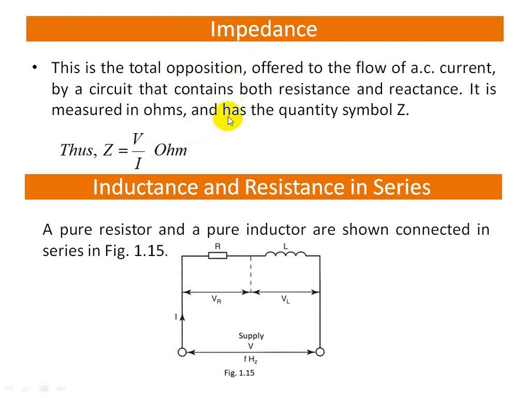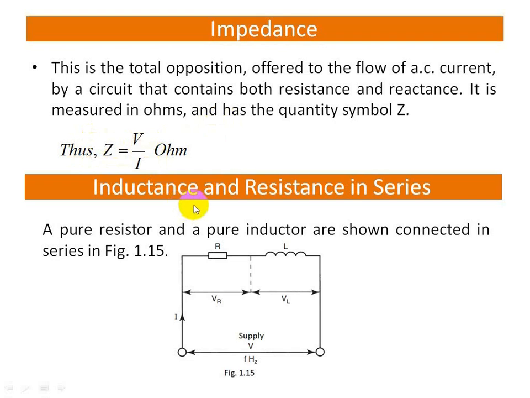So in these circuits, the opposition quantity which opposes the flow of current in the RL, RC or RLC circuit, we call it impedance. Impedance is nothing but the ratio of V by I, the supply voltage divided by the current in the circuit.